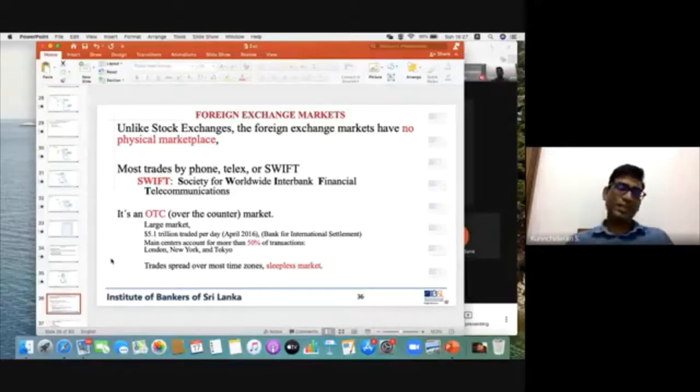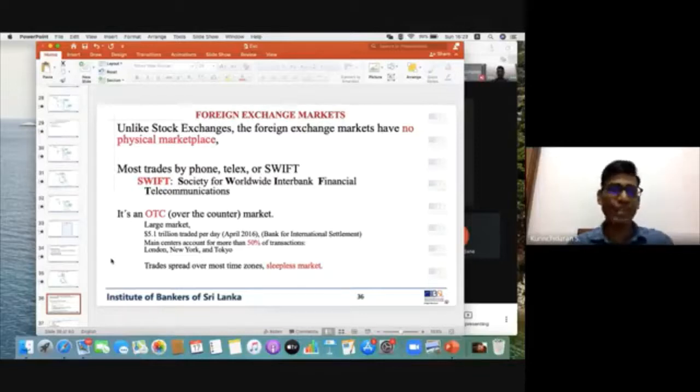The traders, or people involved in buying and selling foreign exchange, try to gain from exchange rate fluctuation.